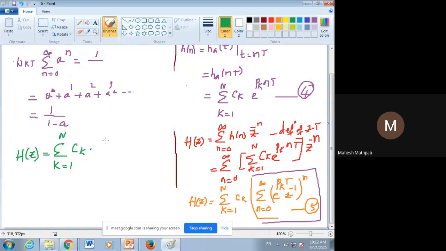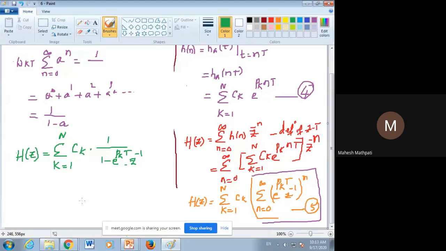What is the value of a here? So 1 divided by 1 minus a. What is the value of a? E raised to pkT into z inverse.